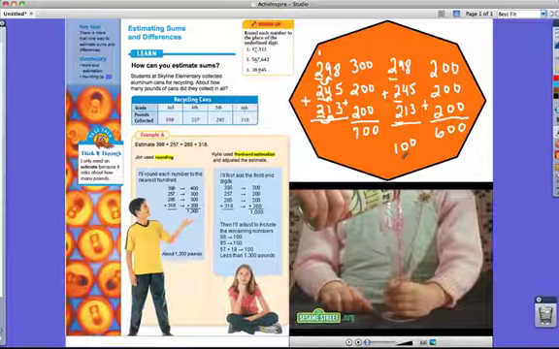If we wanted to, we can kind of overestimate that to another 100. And if we add 100 plus 100 would be 200. And 200 plus 600, wow, that'll be 800 if we use front-end estimation. You understand? All right.